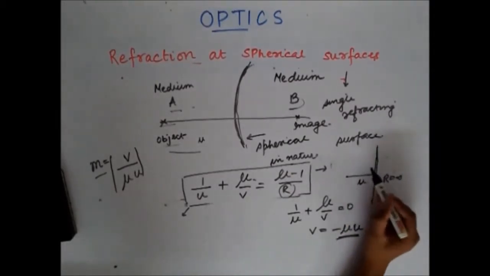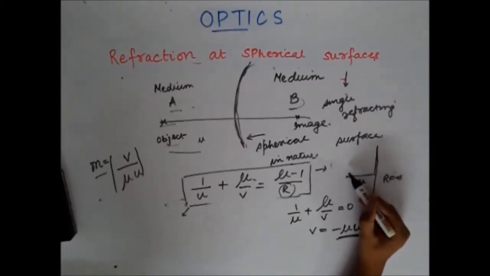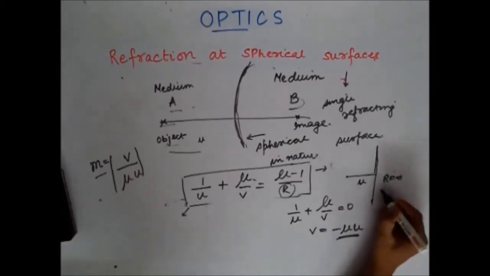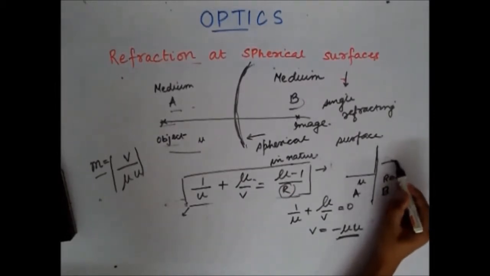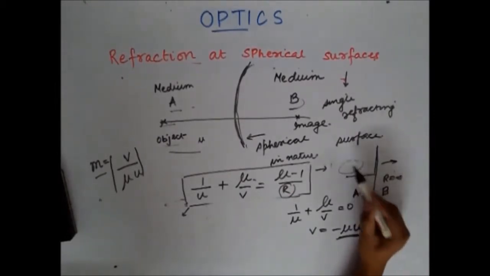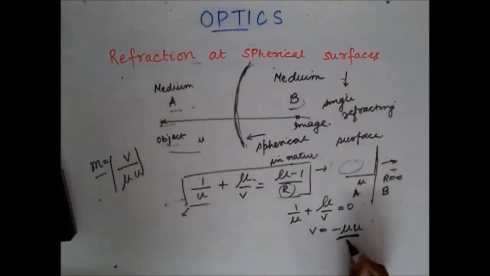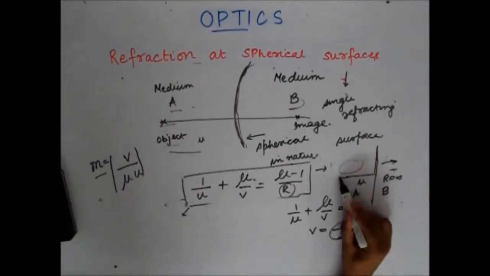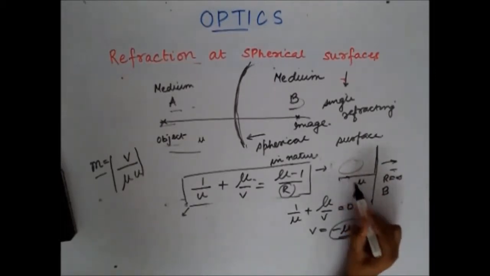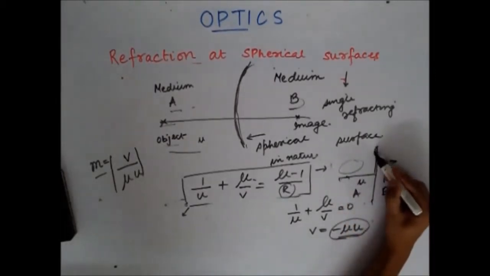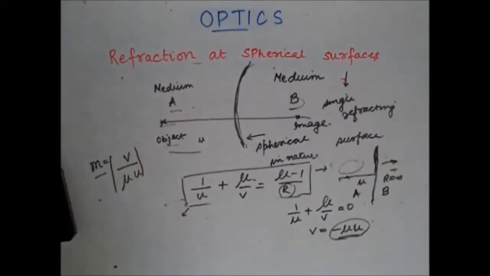That means the image is formed in which space? This is my medium A, this is my medium B. The refracted ray goes in this medium. So this is my virtual space, this is my real space. So the image is formed in my virtual space at a distance of u/mu, when the surface is a plane surface.